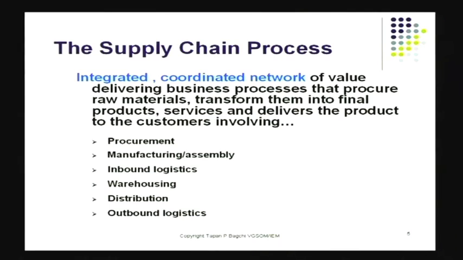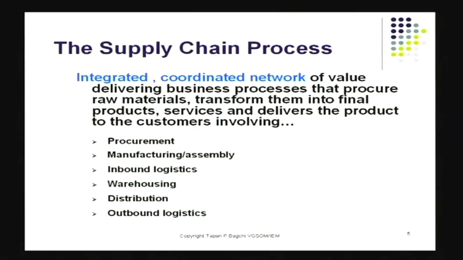What we are really doing is we are adding value at each step of the business process. Whether we are acquiring raw materials, we are transforming them into the final product, whether we are providing services, or we are delivering the product in the hands of the customer, which involve the following activities: procurement of the raw material and the packaging materials, for example, and perhaps the technology.